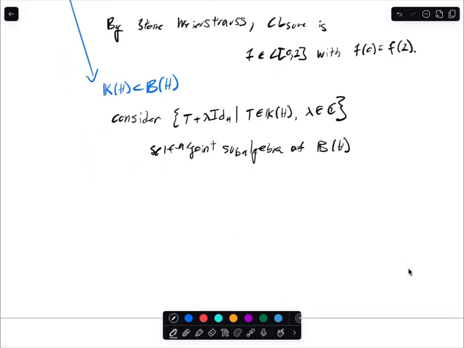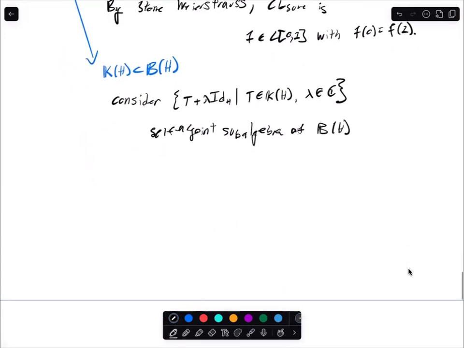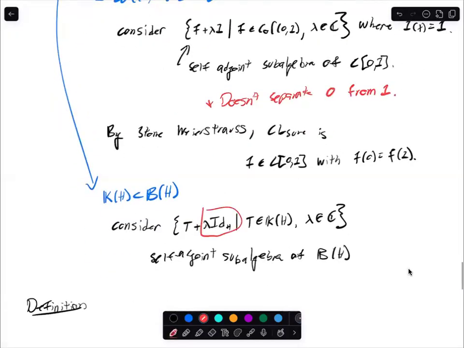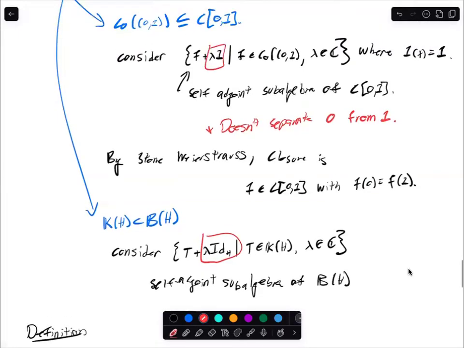So you can take this analogy in these two examples and extend it to any C-star algebra in exactly this way. Remember, all we really did is find a place where we can find an identity, and we just add that thing in.